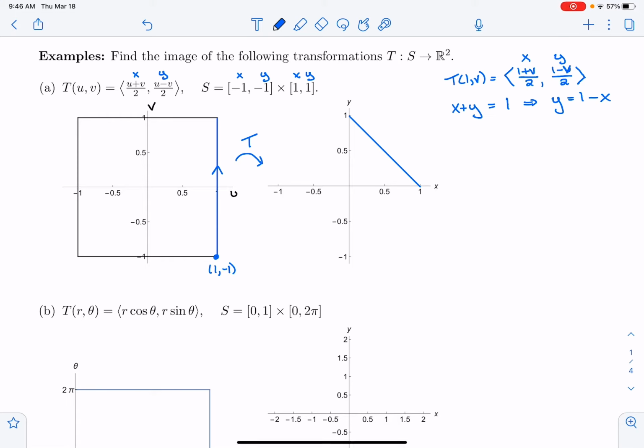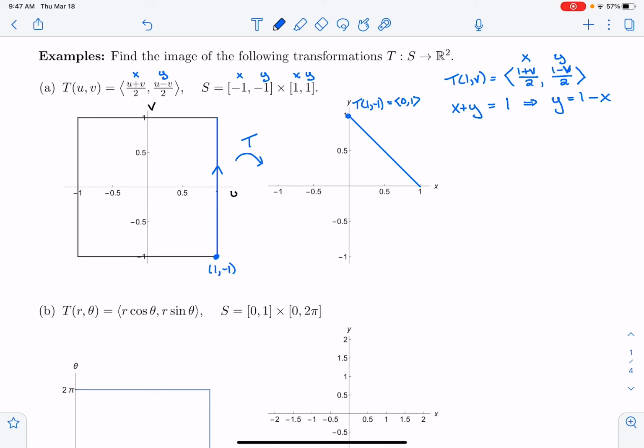And so T of 1, negative 1 is going to be, if I plug in 1 and negative 1 for u and v, that the first component, x, is going to be 0, and then the second component is going to be 1. Okay, so this point 1, negative 1 goes to the point 0, 1.